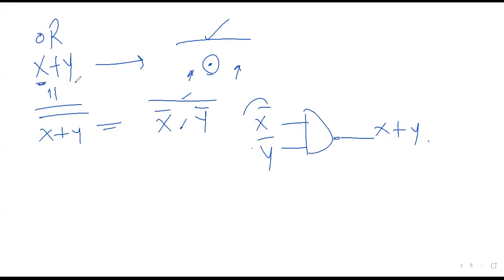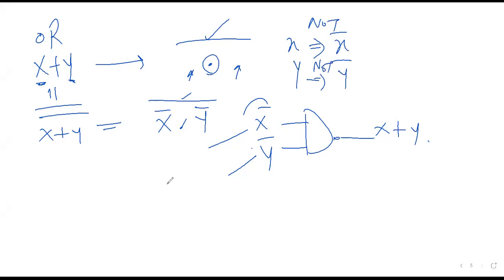They were X and Y. It means now I need to change this X bar to an input of X, and this Y bar to an input of Y. How do I do that? X to X bar, this is a NOT gate. Y to Y bar, this is a NOT gate.